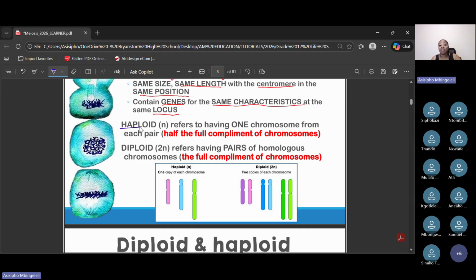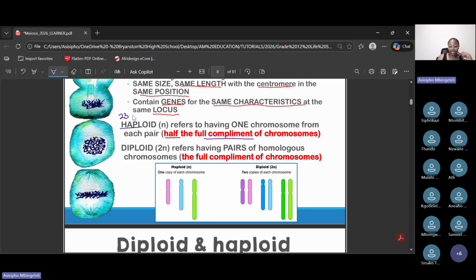So you're only having half of the full complement of chromosomes. If the total number of chromosomes that you should have in your cells is 46, that is the full complement. But if we are asking you for half of those chromosomes, that will be 23. So for me and you, the haploid number of chromosomes will be 23.